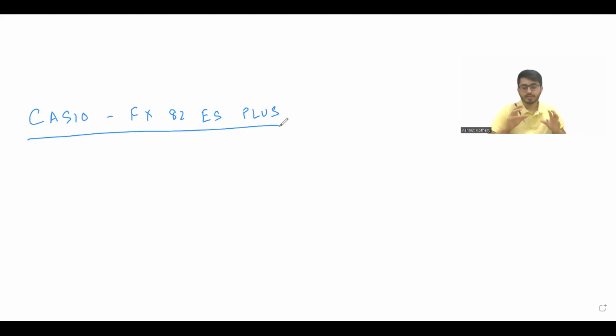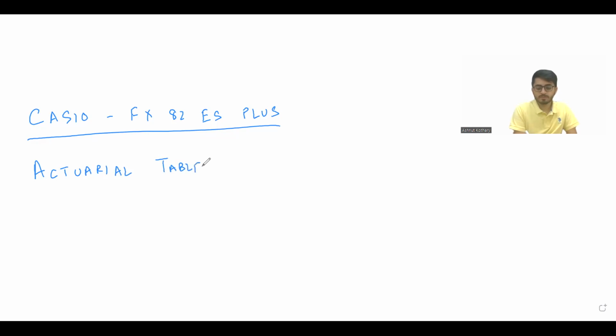Next, there's a particular material which you are all allowed to use during your examinations, whether it was offline exams before COVID happened or the online examinations. That is what we call actuarial tables, and more commonly for our purpose we simply refer to it as tables.